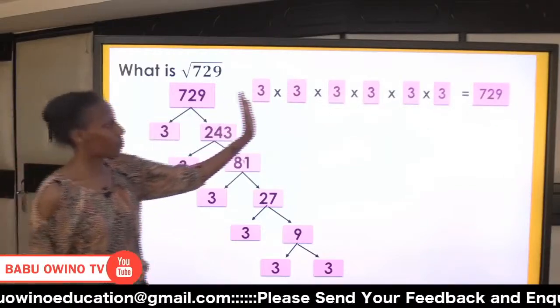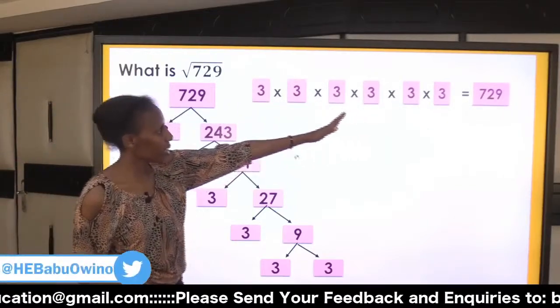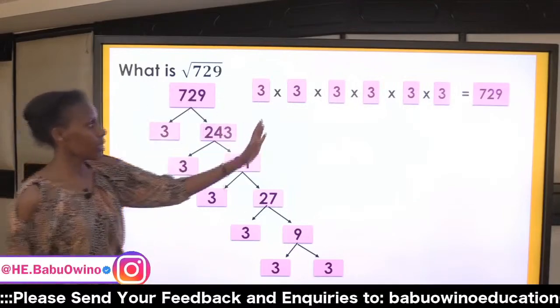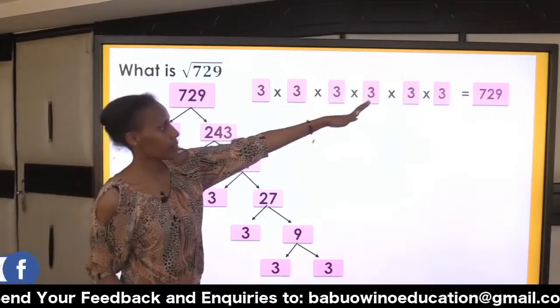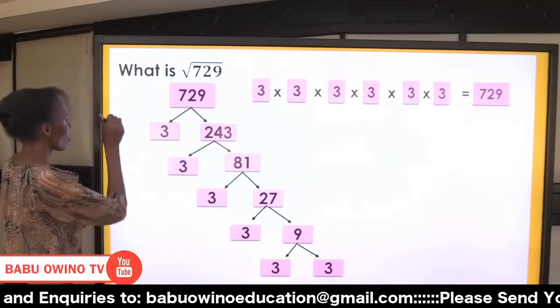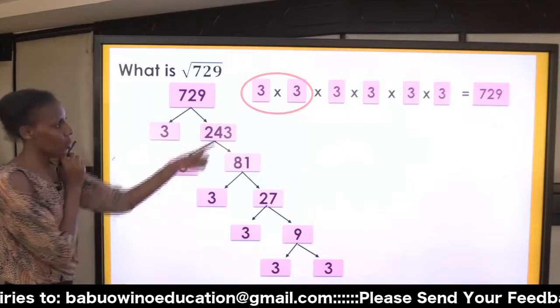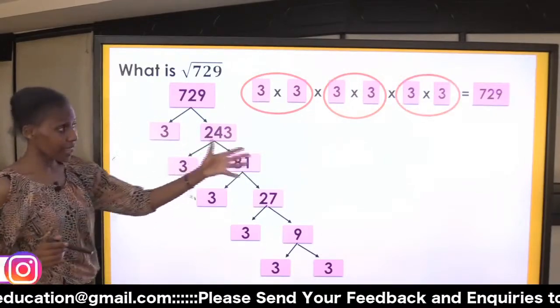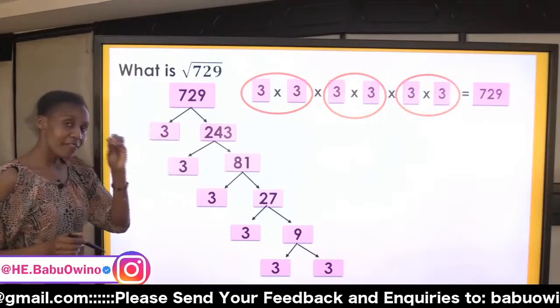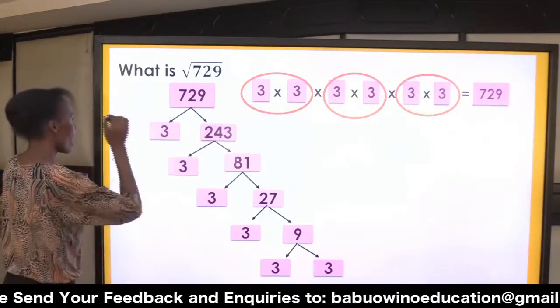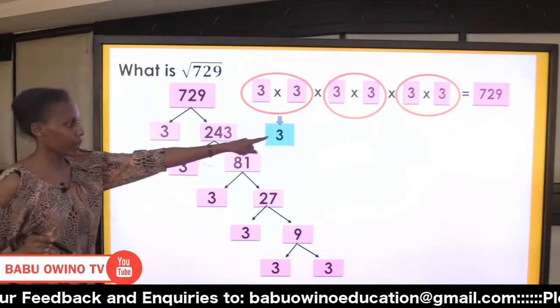So now we have expressed our 729 as a product of its prime factors, which is 3 times 3 times 3 times 3 times 3 times 3. Step number 2, after we do that, we pair the numbers. So I have that pair, that one, and that one. In every pair, I have to pick 1. So here, I'm going to pick 3.